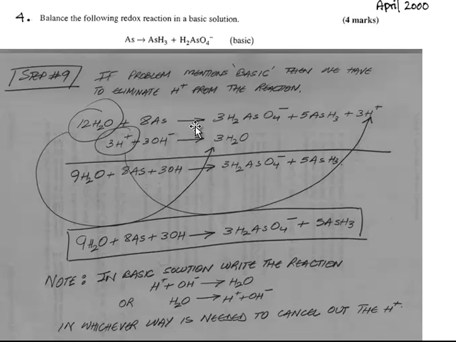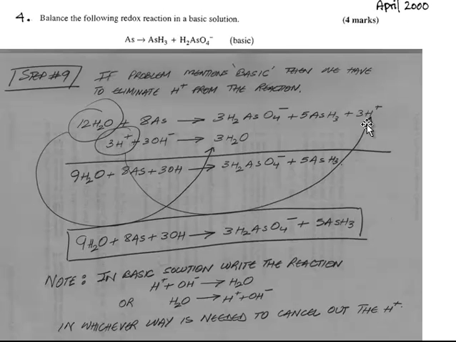The way we do that is by introducing water, but how we do that is, we have to cancel out these 3 hydrogens, so we make sure we write the self-ionization of water reaction in a way so that the hydrogens cancel out.